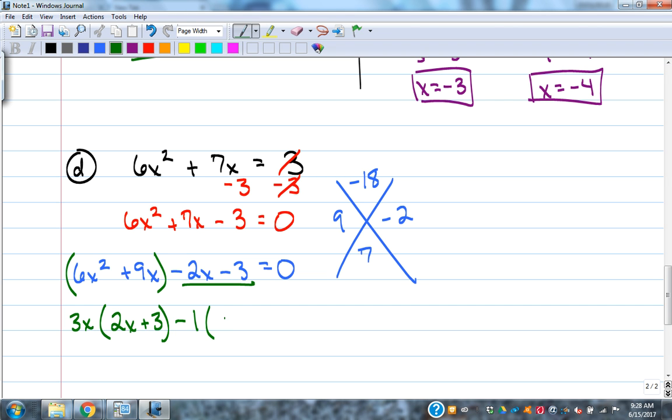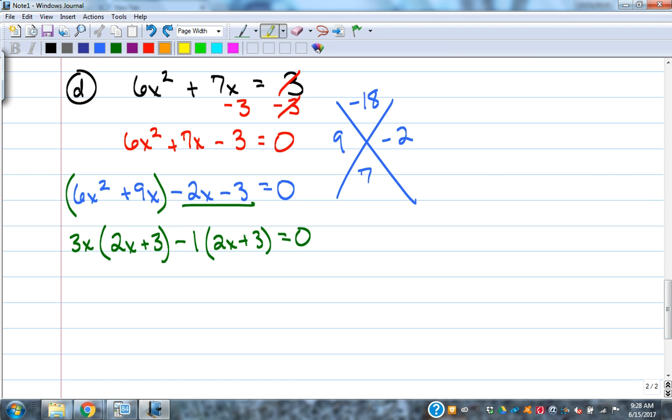So it's a minus 1. And that'll change the signs of both of those so that the parentheses match. Remember, that's a big deal when you're doing grouping. Those parentheses need to match. So our factored form of this would be 2x plus 3 and 3x minus 1.